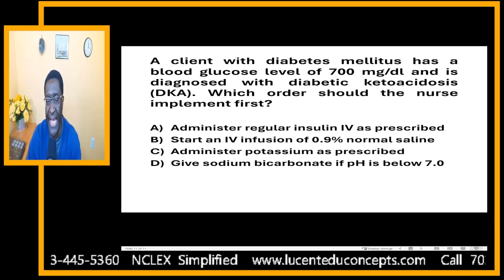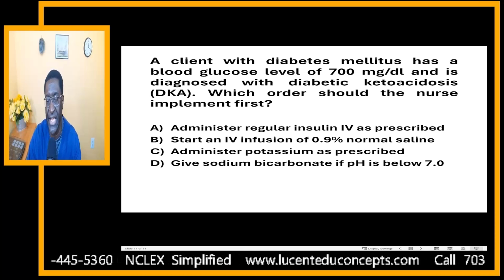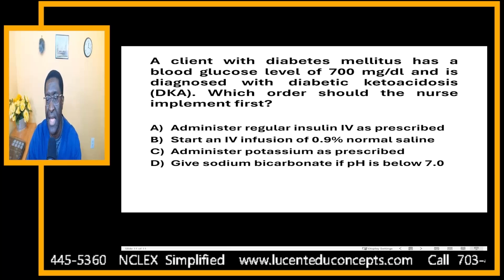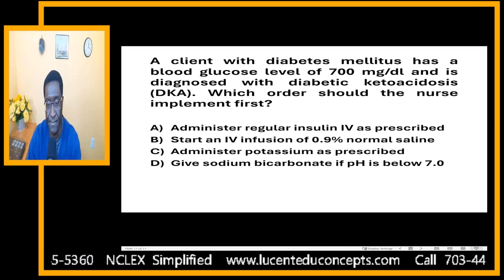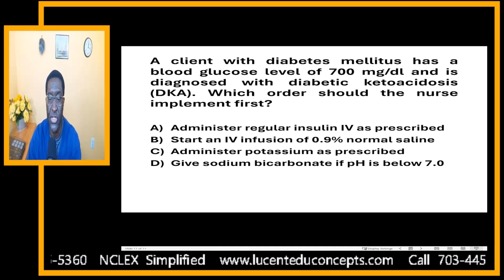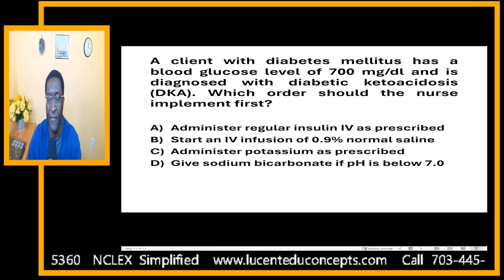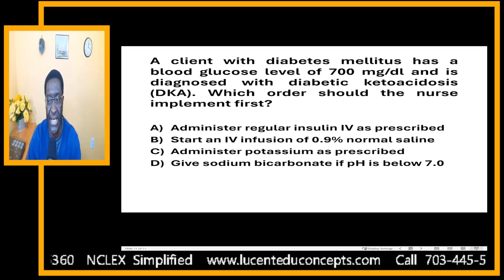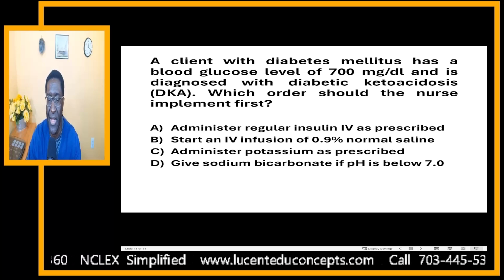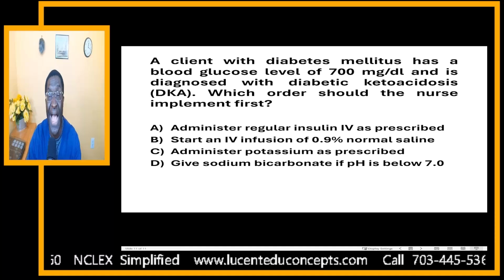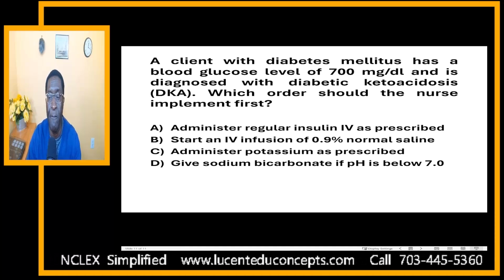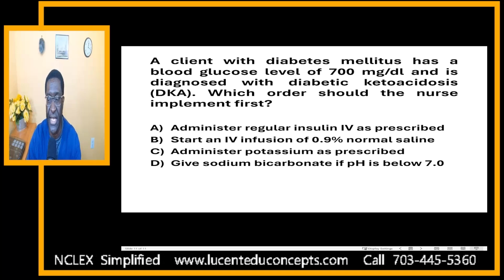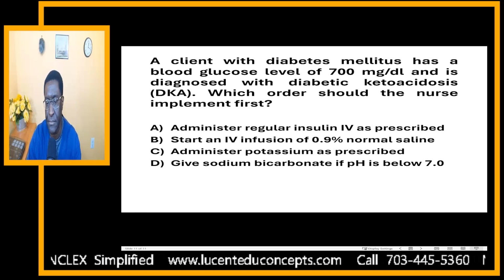So you have A, B, C, and D. Let's look at A: administer regular insulin IV as prescribed. B: start an IV infusion of 0.9 normal saline. C: administer potassium as prescribed. And D: give sodium bicarbonate if pH is below 7.